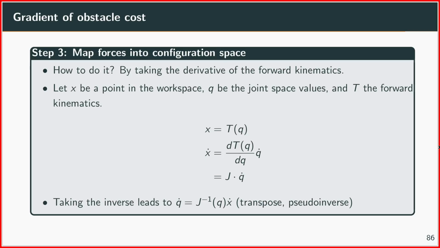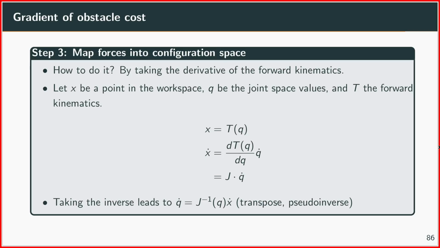The forward kinematics map configurations to a point in the workspace. This is the first equation here. We can also very easily take the derivative of this. The velocity, or the displacement of x, is equal to the derivative of the forward kinematics times the derivative of the joint space values. And this expression is a Jacobian.